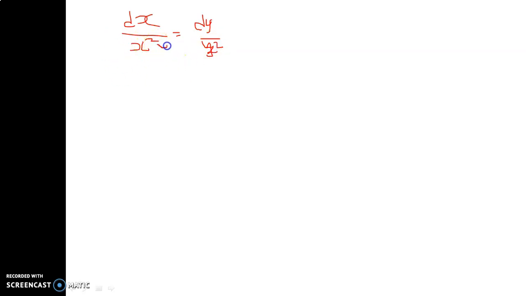The first step, I'll take this x square and y square to the numerator. Therefore, I will have x power minus 2 dx is equal to y power minus 2 dy.